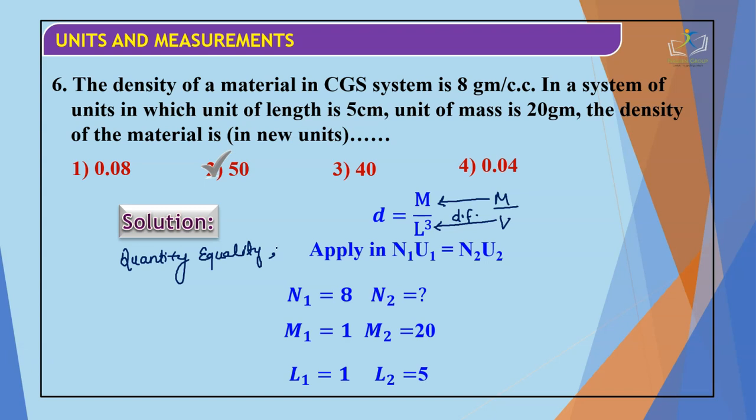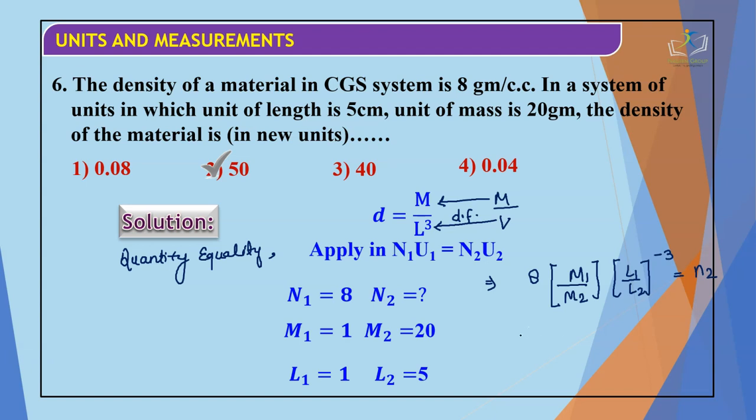We just put these values in this equation. N1, as we know, is 8, and U1 is already given in terms of M and L cube. So (M1/M2)(L1/L2)^-3 is equal to N2.